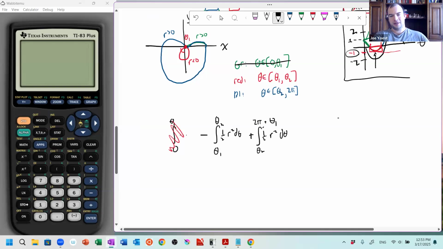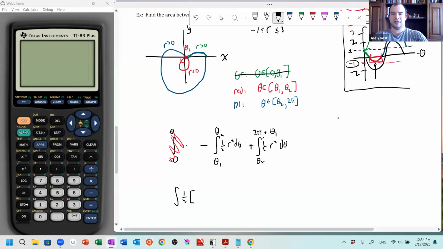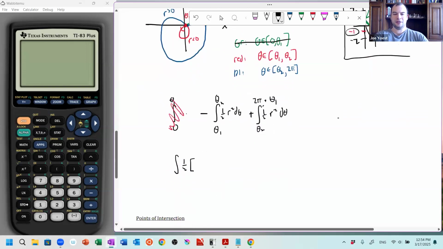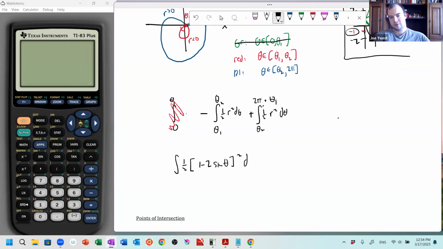All right, so now what I need to do is find an indefinite integral for 1/2 r squared d theta. That is 1/2, and then what's r squared? 1 minus 2 sine theta squared, d theta. So I need to figure out this indefinite integral.